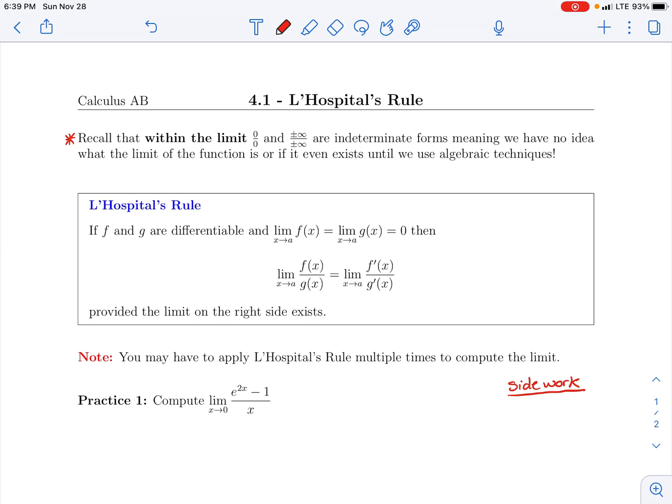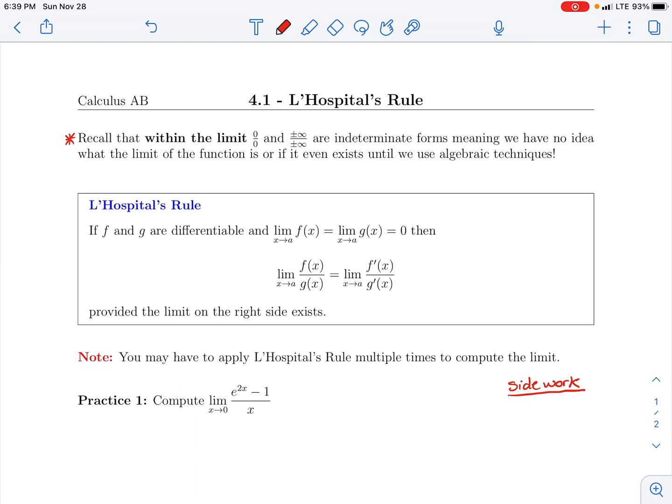So basically what L'Hopital allows us to do is that if we plug in our value into the function and we get our indeterminate form 0 over 0, what L'Hopital's rule says we can do is say that that's equal to the limit of the derivative of the top divided by the derivative of the bottom.